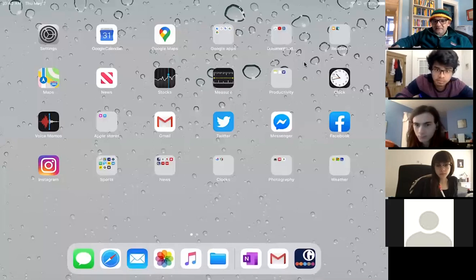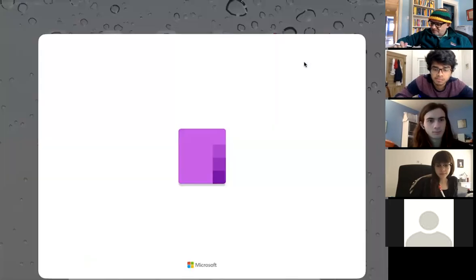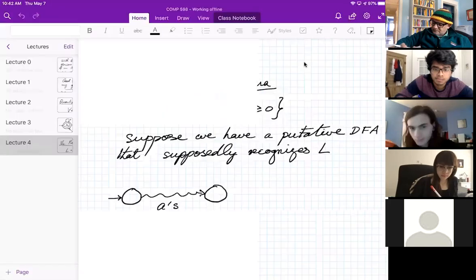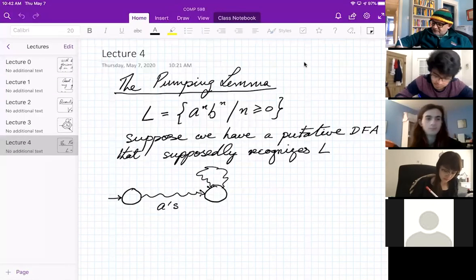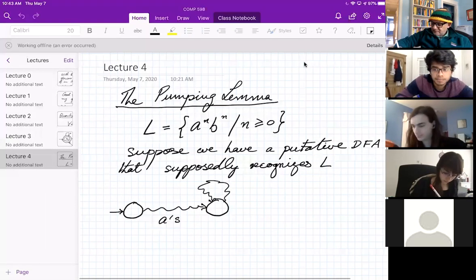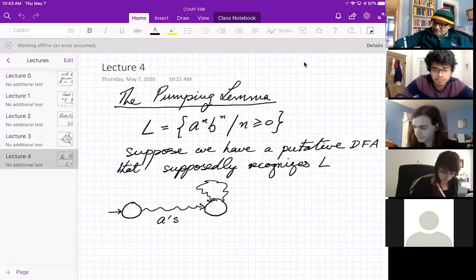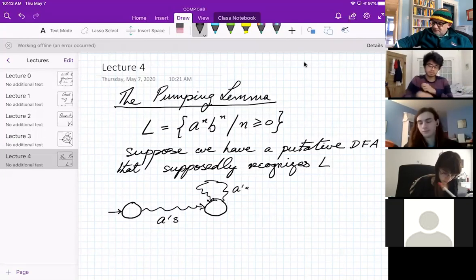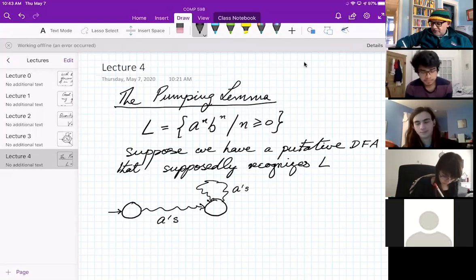I have a situation like this where as I'm reading the A's, I hit some state, and then as I wander through the machine, I reach that same state again.